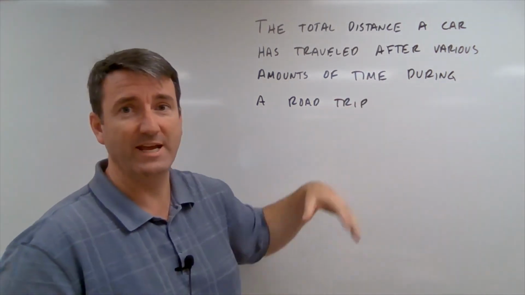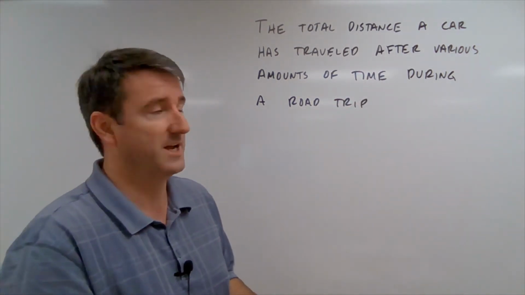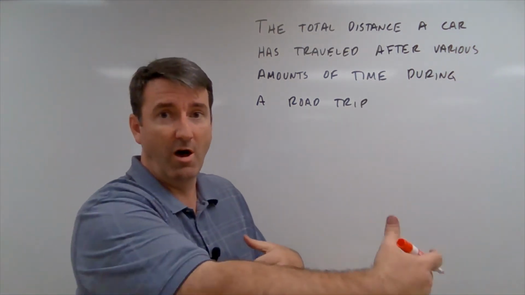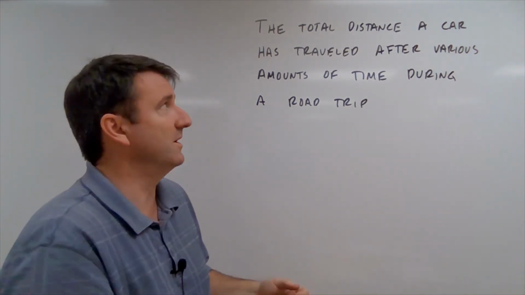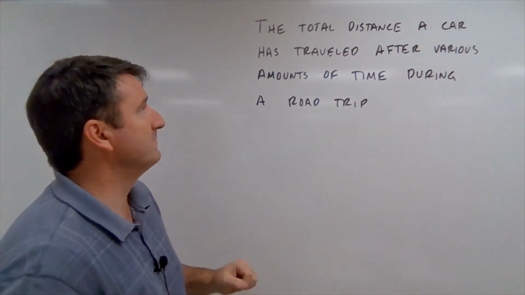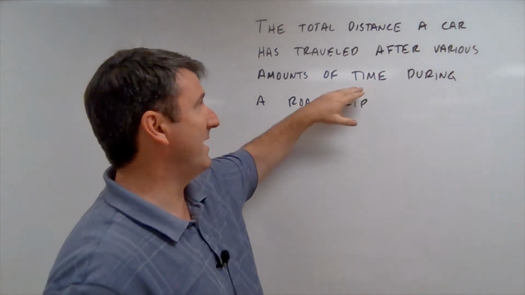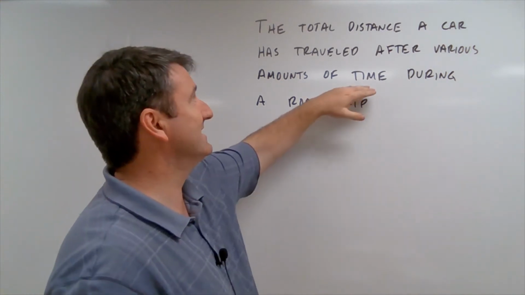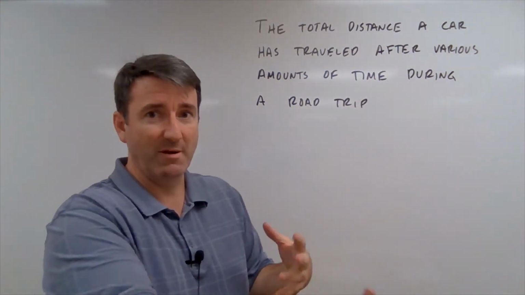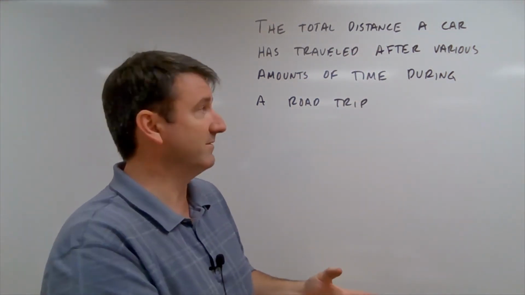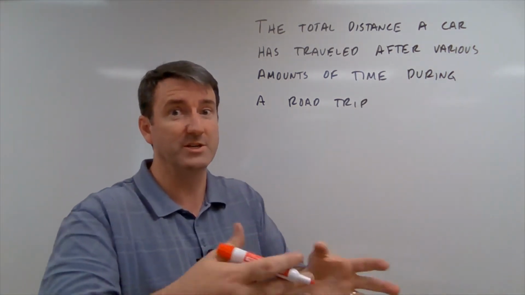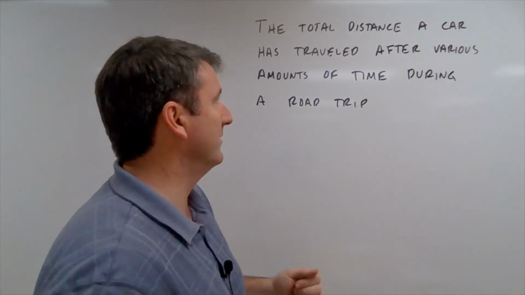As the time changes, the distance is going to change. In other words, the longer we go on this trip, the more distance we're going to have traveled. The amount of time is going to determine how far we've gone.